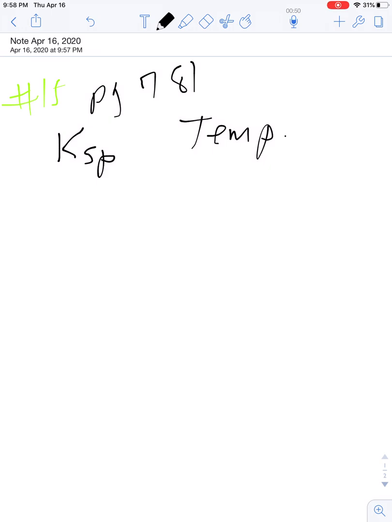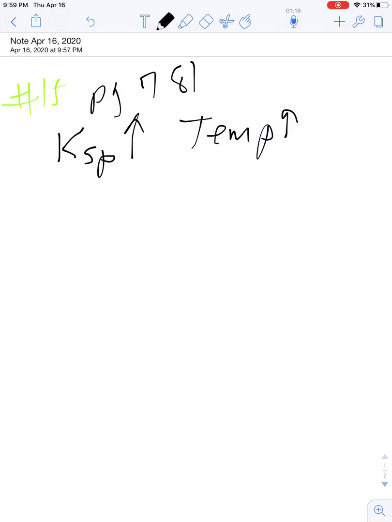So for almost all salts, if you increase the temperature, you are going to increase the KSP. That's the only thing that's going to affect the solubility or change the equilibrium constant.